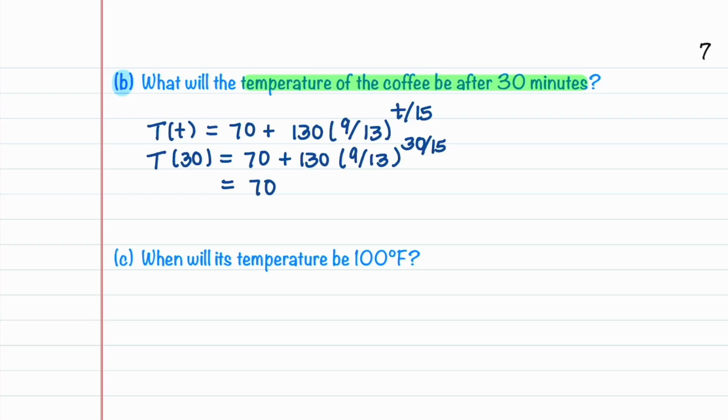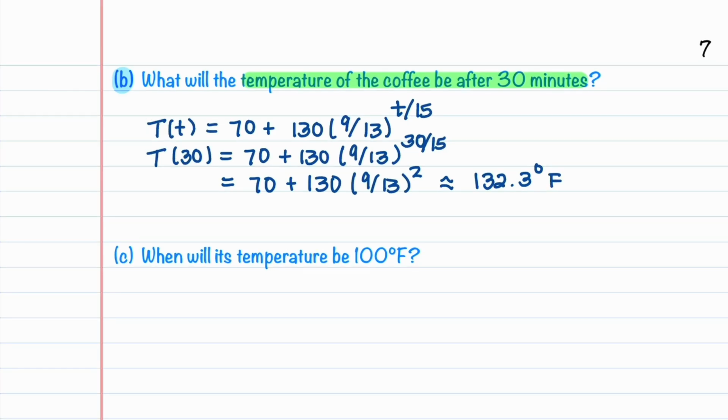So this is just 70 plus 130 times 9 over 13 squared. When you put that in your calculator, you end up with an answer of approximately 132.3 degrees Fahrenheit. So after 30 minutes, the coffee has cooled to a temperature of approximately 132.3 degrees Fahrenheit.